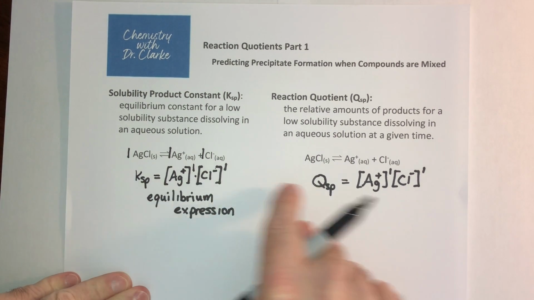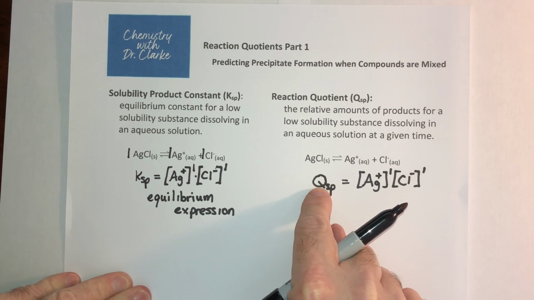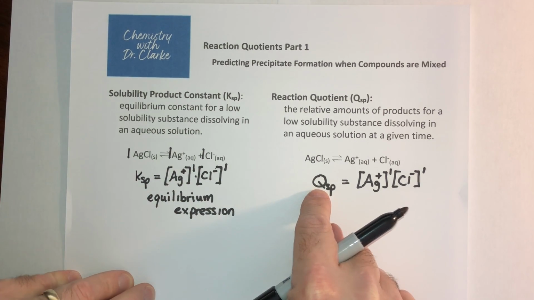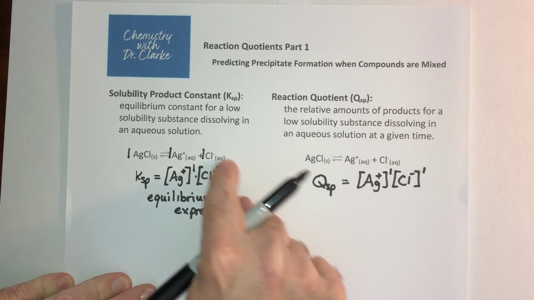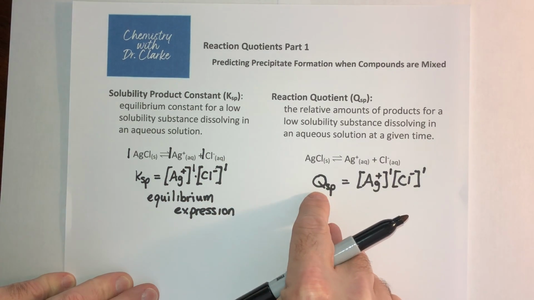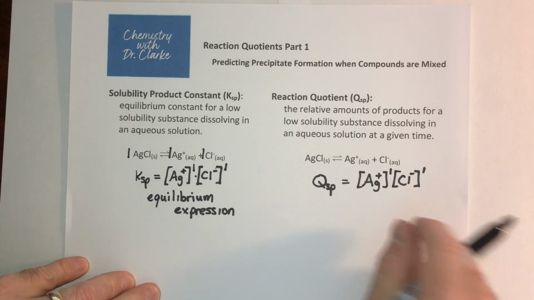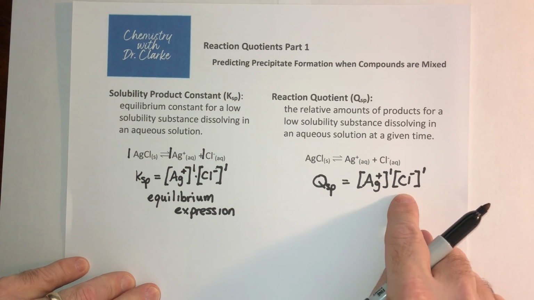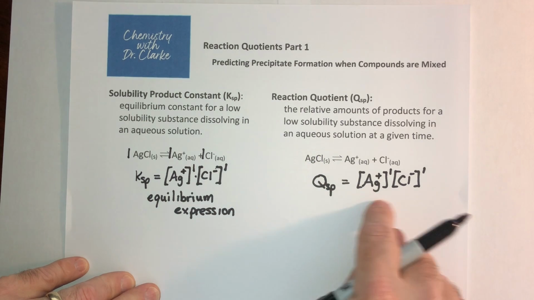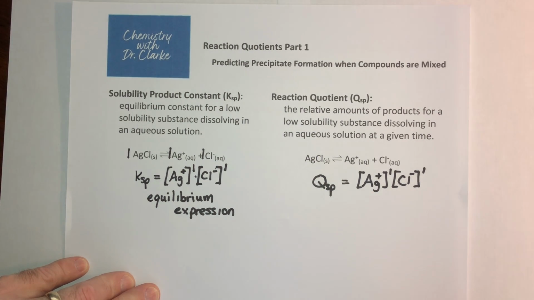Solubility product constant, reaction quotient. Okay, they are not going to be the same thing because this is when your concentrations are at equilibrium. This is when your concentrations are at some random time. Okay, again though, the denominator is gone because this is a solid, right? We don't include solids in reaction quotients.